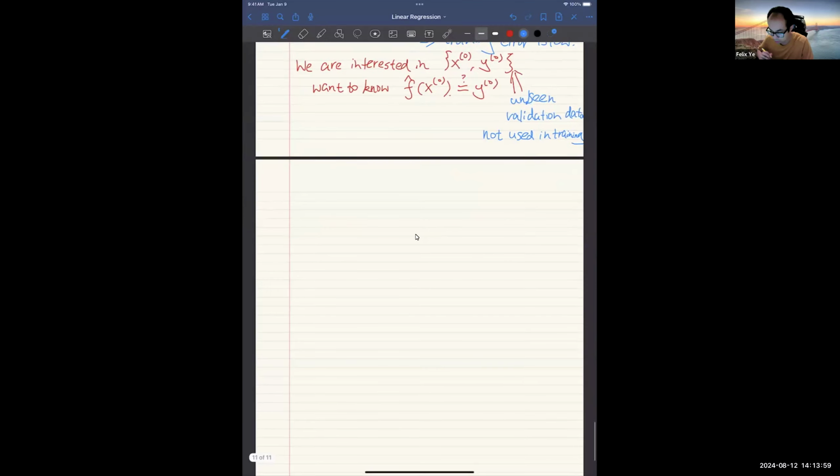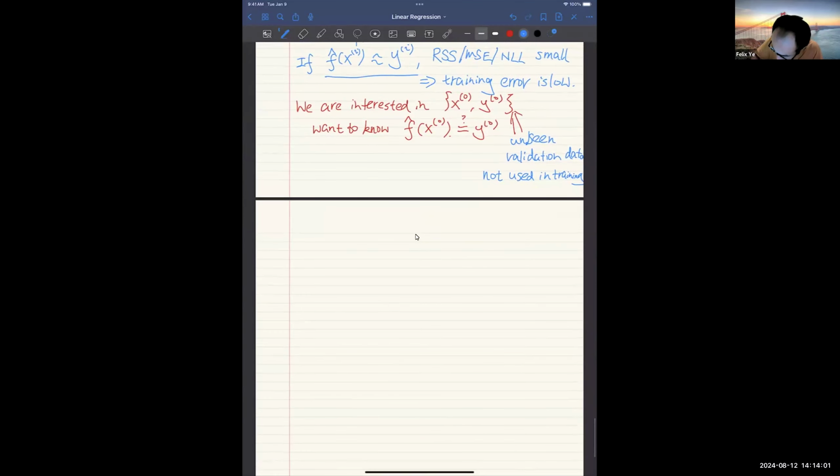So basically, let's set up a goal. The goal here is to choose methods that give the lowest test MSE, rather than the lowest training MSE.